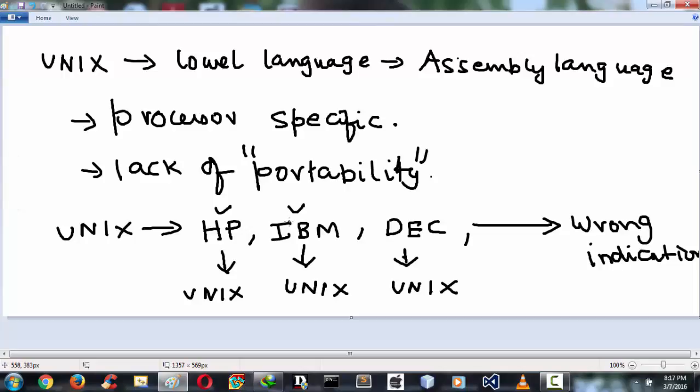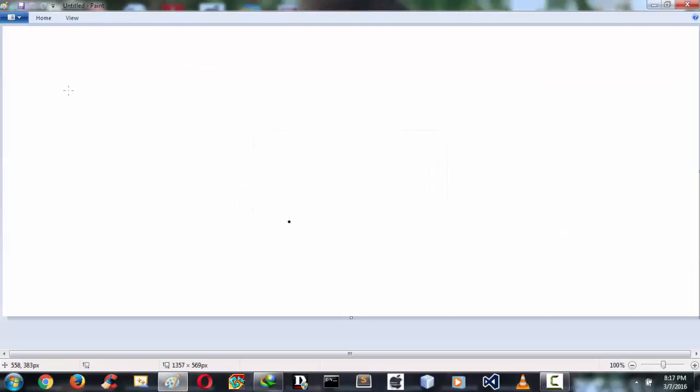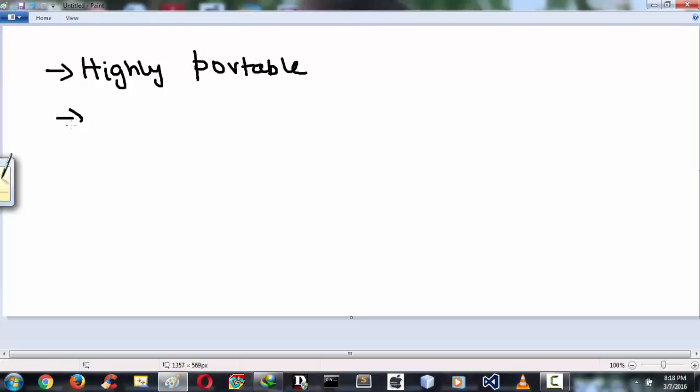Keeping that in mind, Dennis Ritchie, the father of C, designed the C language. They needed a new technology which is highly portable, not processor specific.